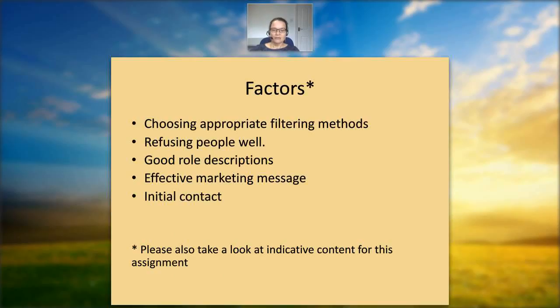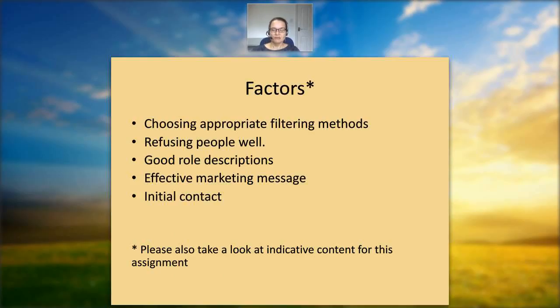And so on the next slide, I have listed a few of those, but these are only a few of the factors. The first one is choosing appropriate filtering methods. And by filtering, I mean that you have gradually got the volunteers to the point, before you ever have to select which ones you're going to have, that they have already started to filter themselves out of the equation.